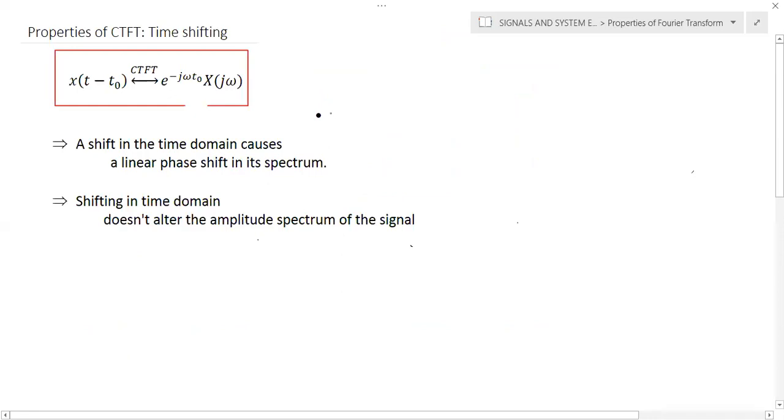So first we will discuss the time shifting property. If there is a signal x of t, and its continuous time Fourier transform is represented by x of j omega, which is written by the equation integral of x of t into e raised to minus j omega t dt, then consider a time shifted version of the signal x of t, that is x of t minus t0.